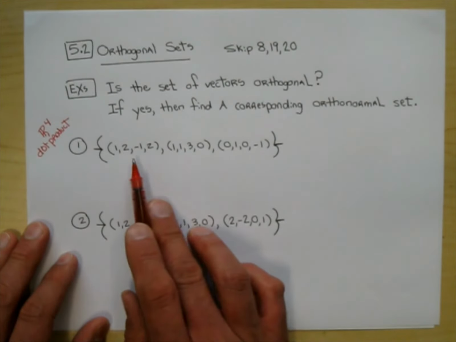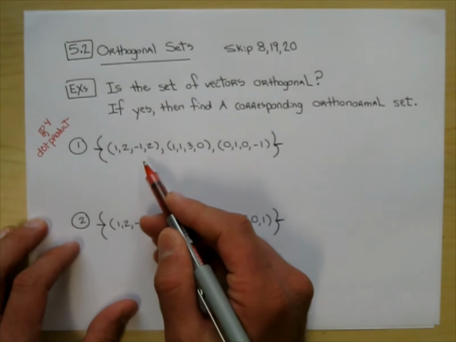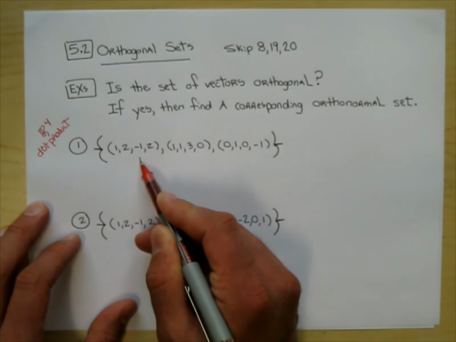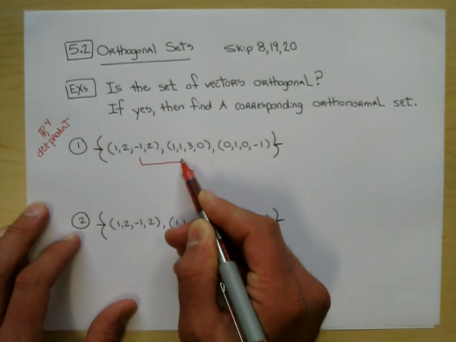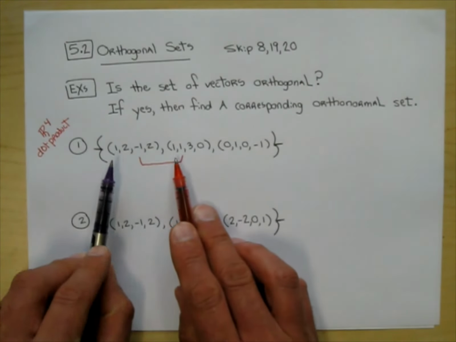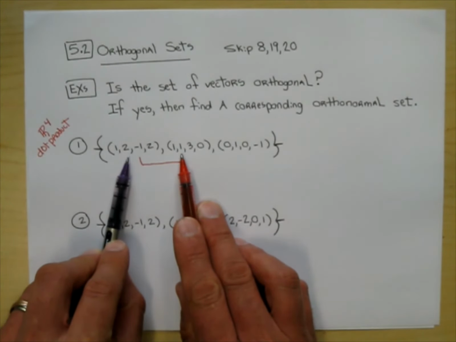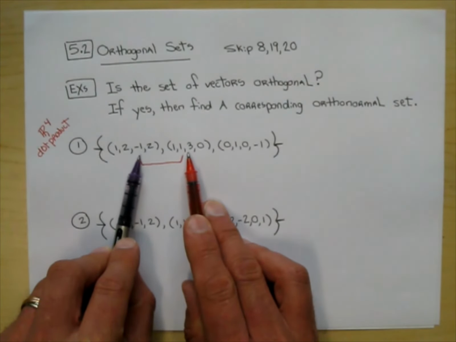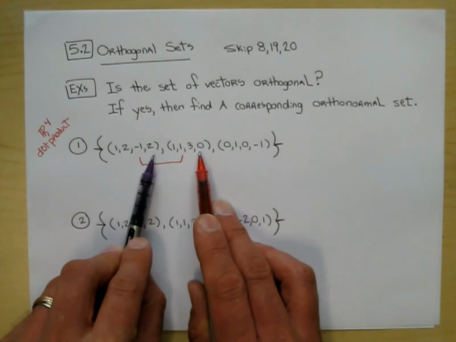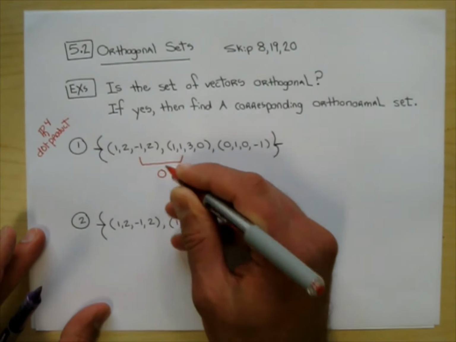So we're just going to dot the first 2 vectors together. When I dot the first 2 vectors together, what do I end up getting? Okay, so here I'll use 2 pens to illustrate. 1 plus 2, so we're at 3 now, minus 3 plus 0. That has a dot product of 0.